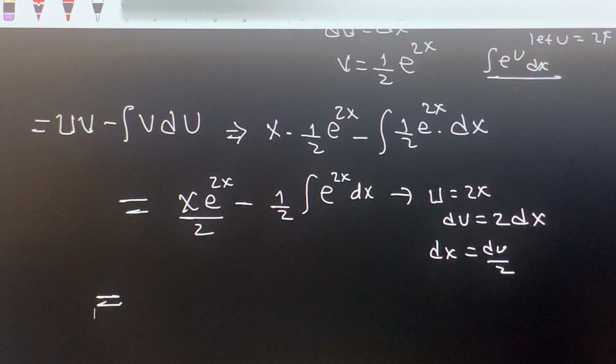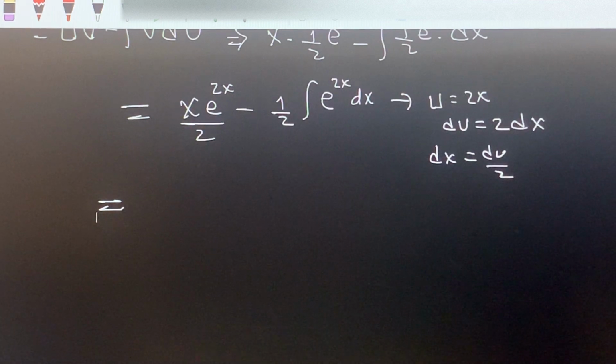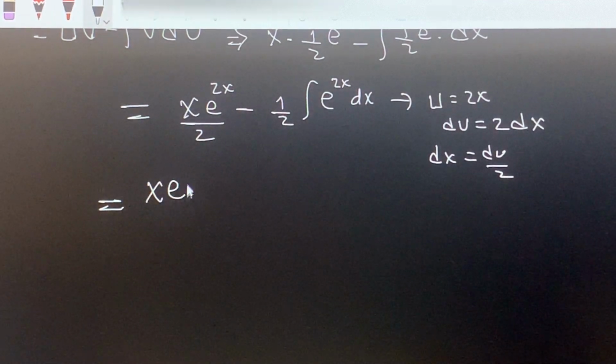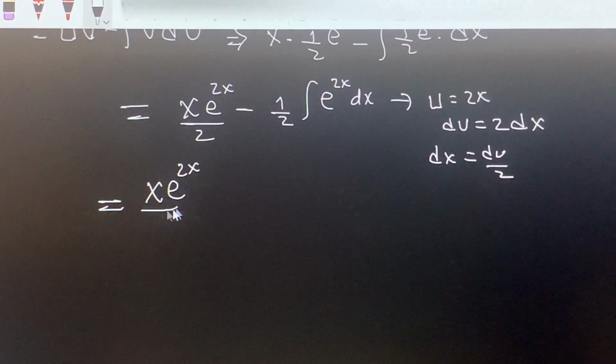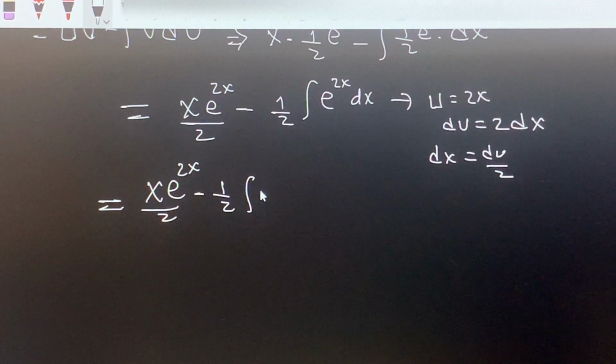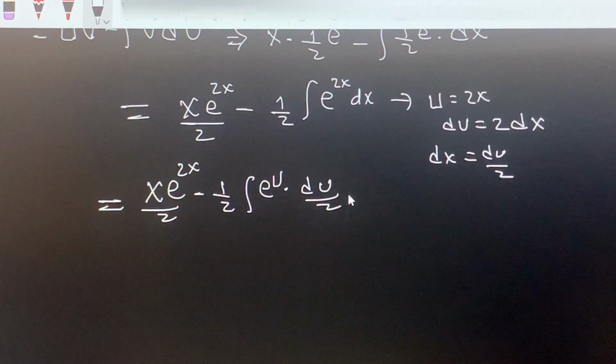I can substitute in my next integral: x e to the power of 2x over 2 minus 1 over 2 times the integral of e to the power of u, because 2x is my u, times du over 2. I just substitute the dx by that.